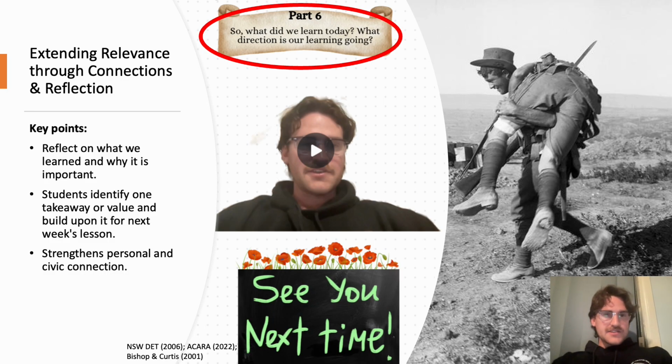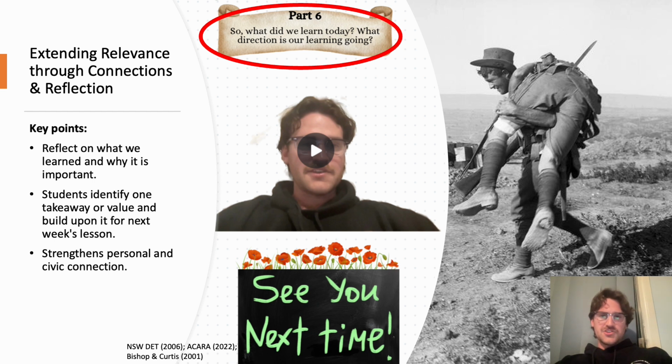And for our last point on dimension three, we were looking at extending relevance through connections and reflection. So to finish this, I used a brief reflection question to extend relevance, asking students to consider what lessons from World War One, basically how we've learnt today, and what were the important parts to the causation of World War One, and reasons for enlistment.